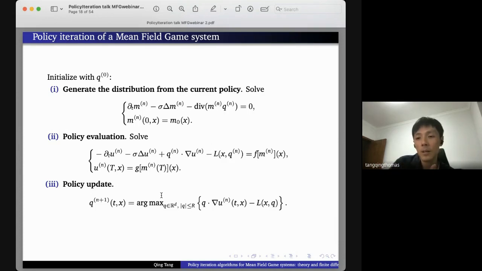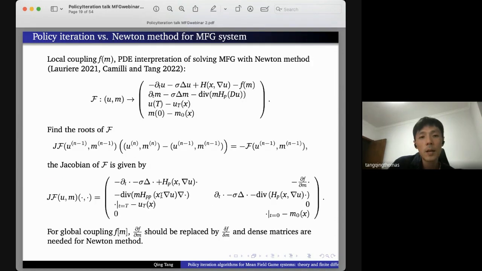There are no intrinsic reasons why one cannot do this. Of course, the analysis should be different, which I would discuss here. But from a theoretical and numerical point of view, policy iteration can be used for global couplings.